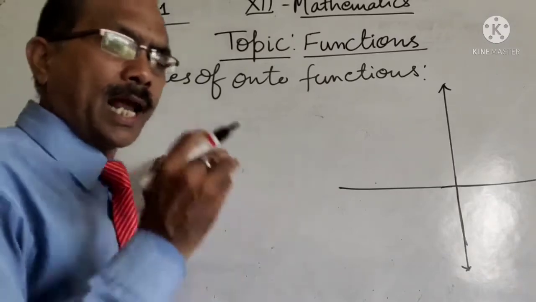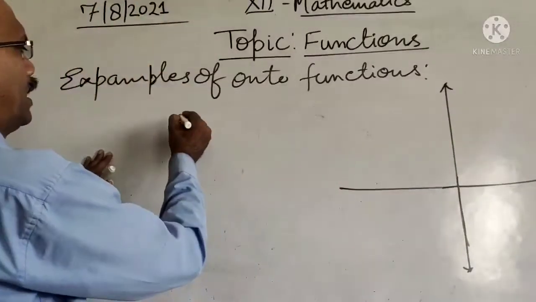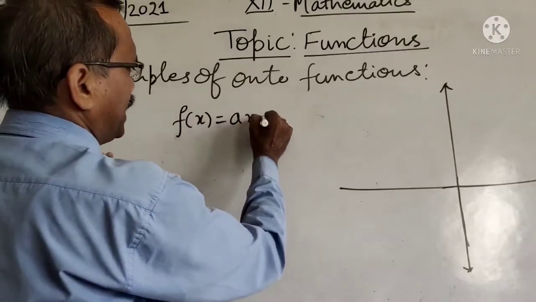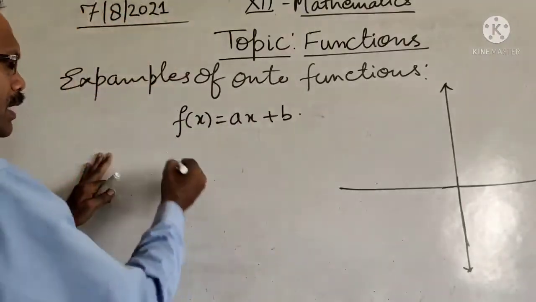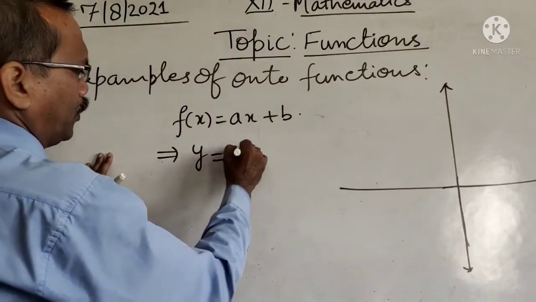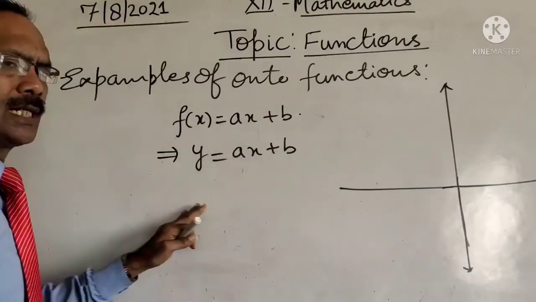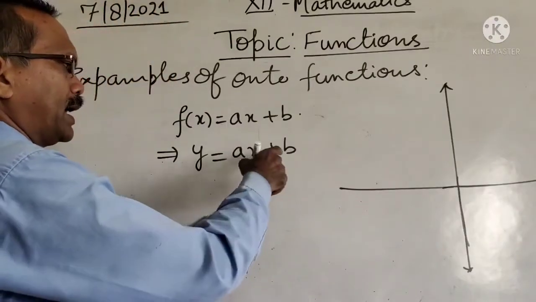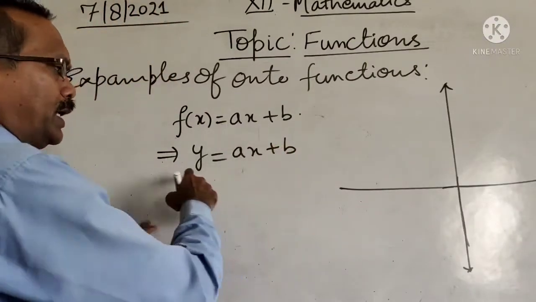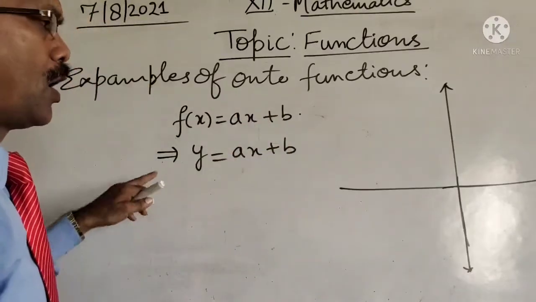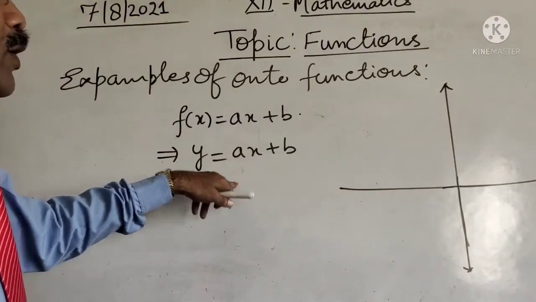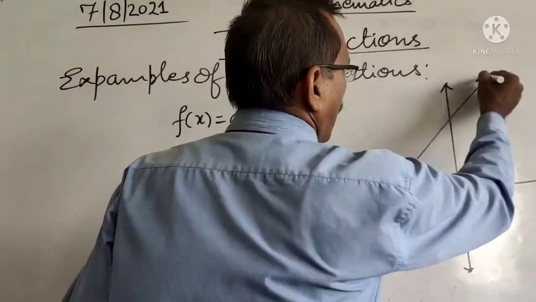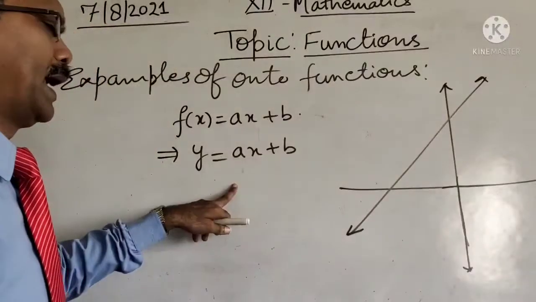Dear student, every linear function, if f(x) = ax + b, we can write y = ax + b. It is a straight line. Its slope is a and intercept is b. So it is an onto function because a straight line is defined for every value of x.